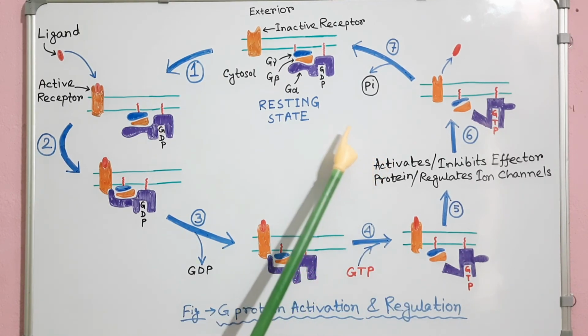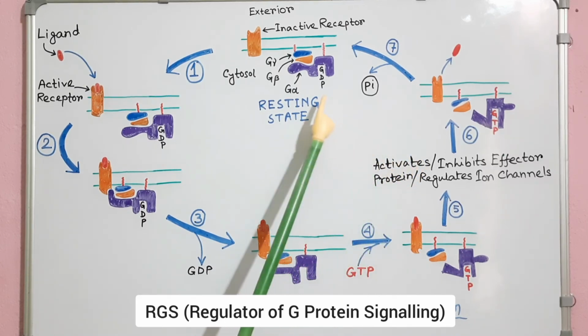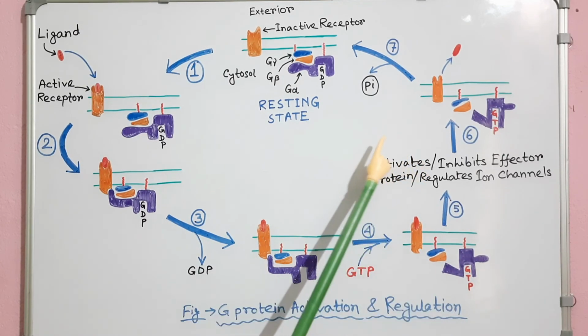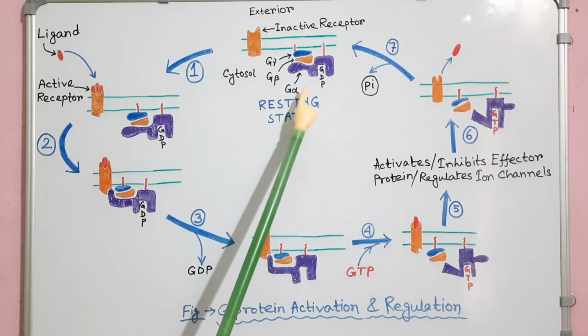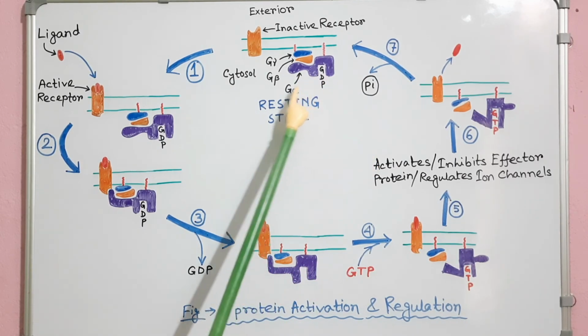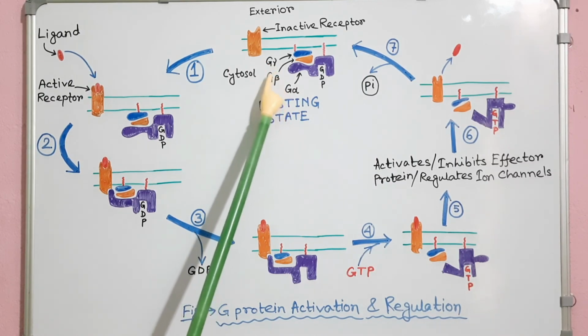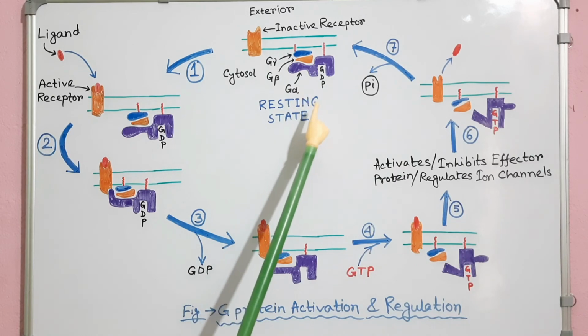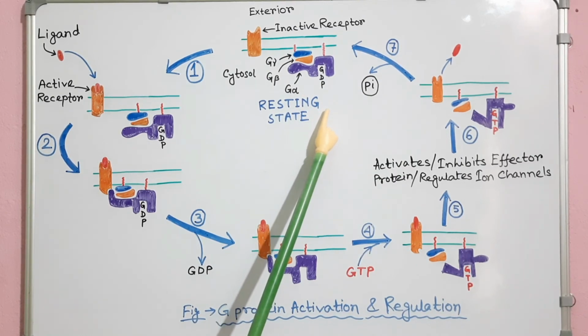In some cases, a non-effector RGS protein also accelerates GTP hydrolysis. As a result, G alpha GDP quickly reassociates with G beta gamma and the complex becomes ready to interact with an activated receptor and start the process all over again.